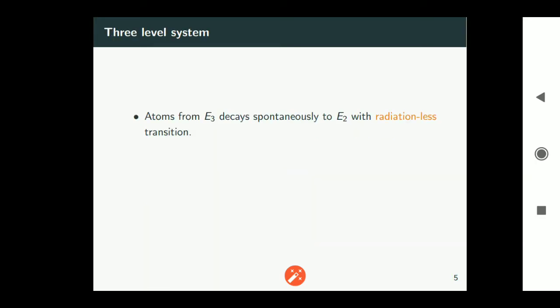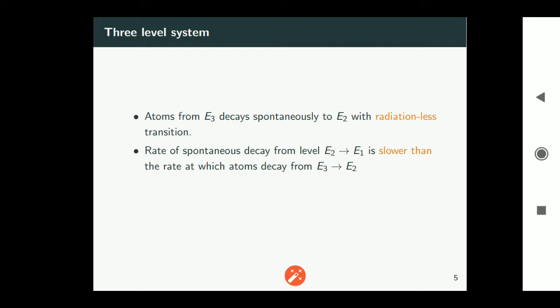Now the three-level system has one extra metastable state compared to the two-level system. Atoms in energy level E3 undergo spontaneous decay to E2 through a non-radiative, that is radiation-less, transition. Because of that, the rate of spontaneous decay from E2 to E1 is slower than the rate of spontaneous decay from E3 to E2, because E2 is a metastable state.